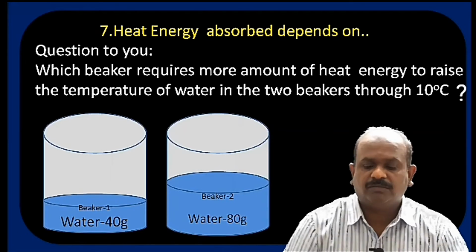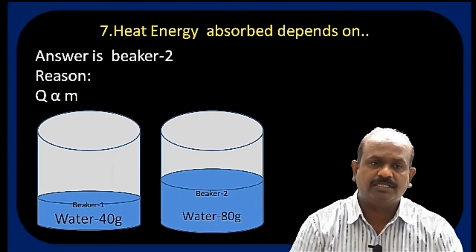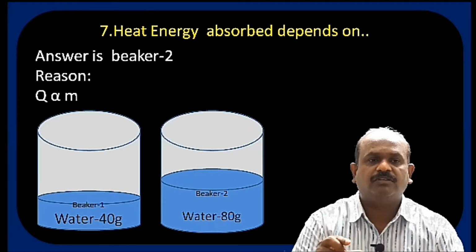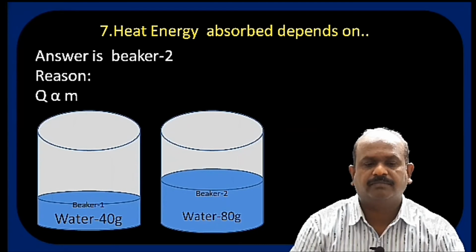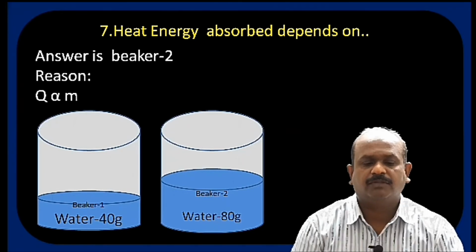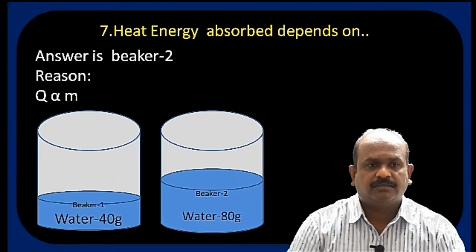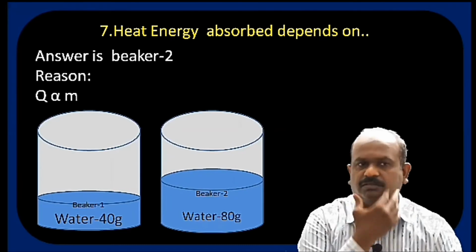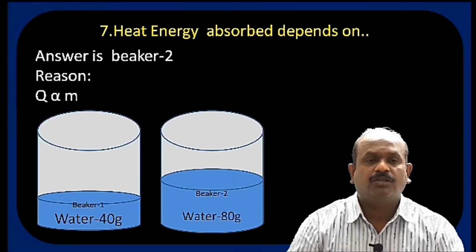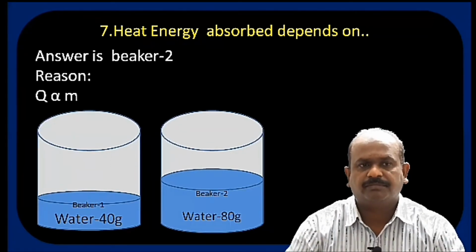The second beaker requires more amount of heat energy to raise the 80 grams of water through a temperature difference of 10 degrees Celsius. Okay. When the quantity is less, you need to supply less amount of heat energy to raise its temperature through 10 degrees Celsius. Therefore, Q is directly proportional to the mass of the substance.